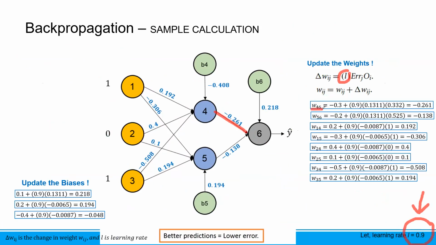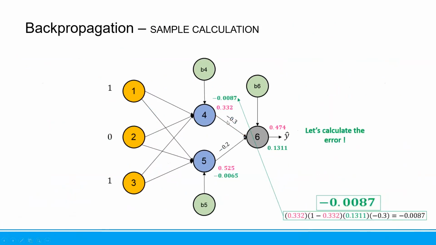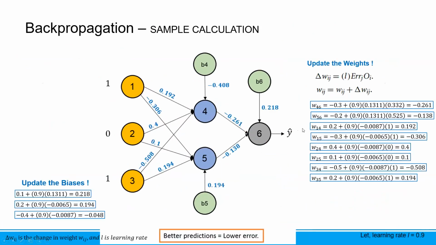So the weight W46, it means I want to update the previous weight, which is minus 0.3. And then I would like to add the delta Wij.